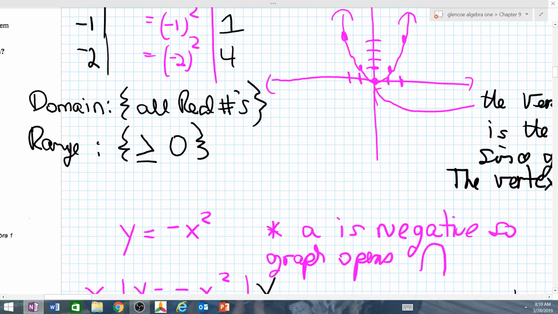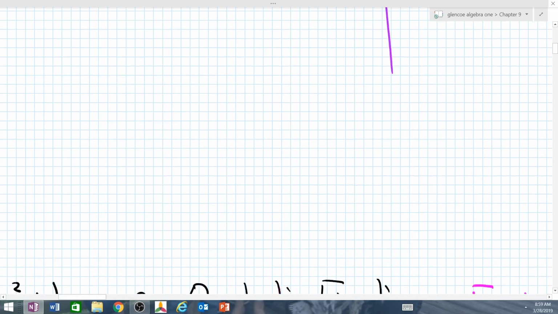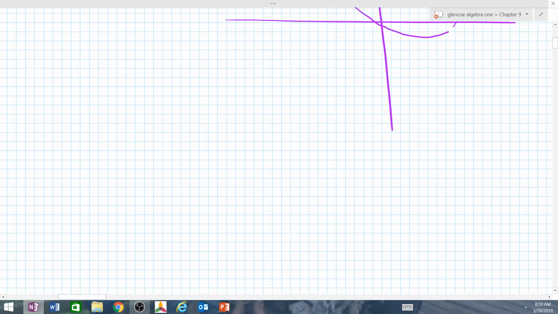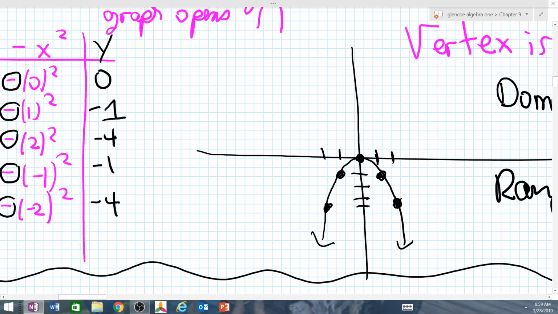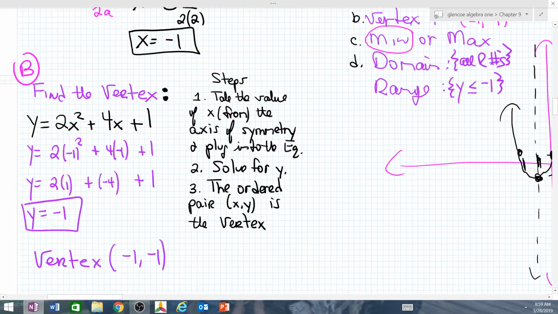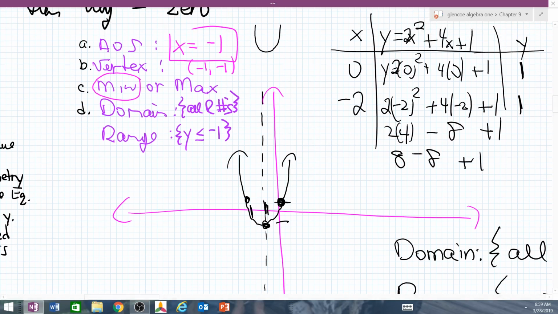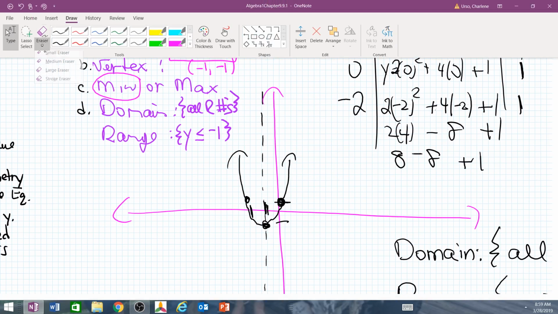Let's find it. There we go. So let's change that to a greater than or equal to.